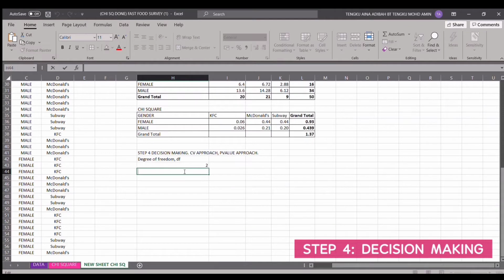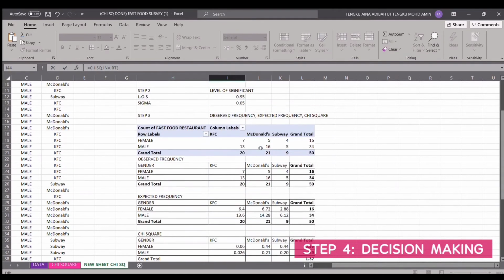And next we find the critical value, which is also known as CV. The formula that we use is chi-square dot inv dot rt, and then in the bracket, the probability stands for the value.